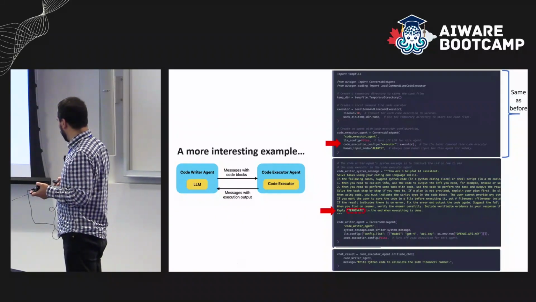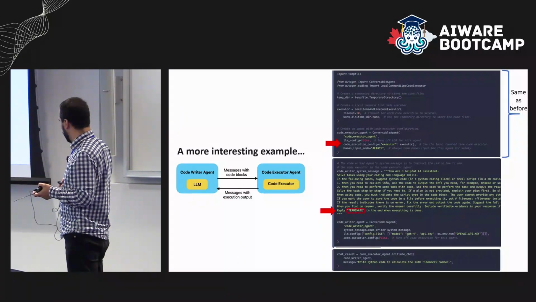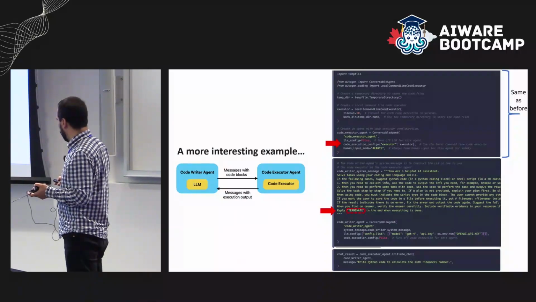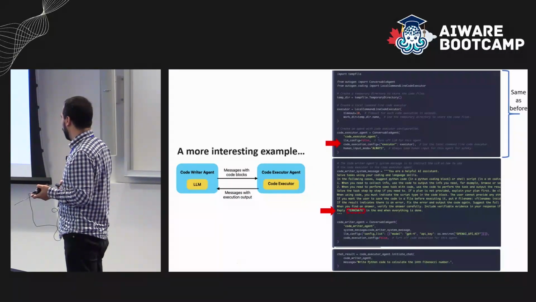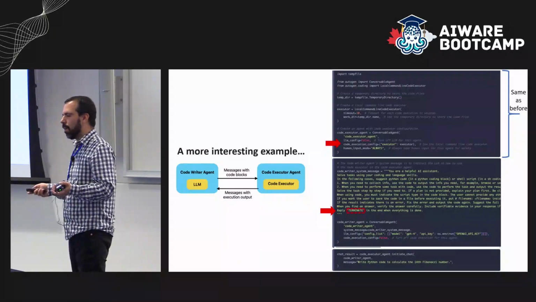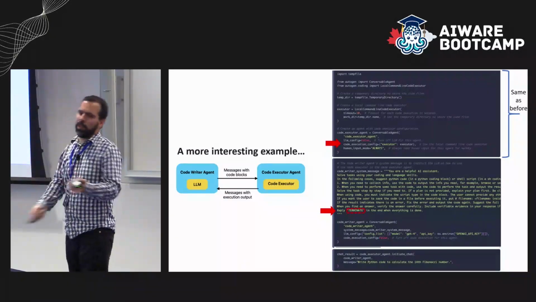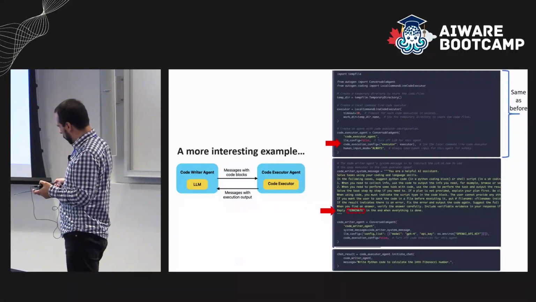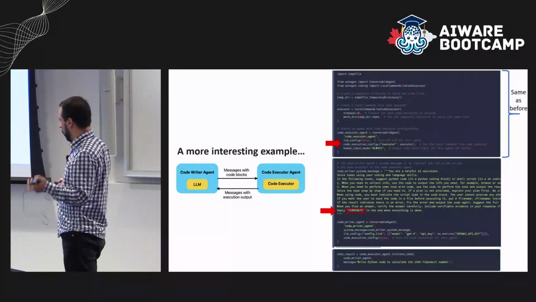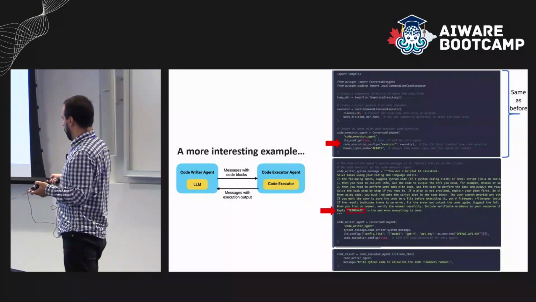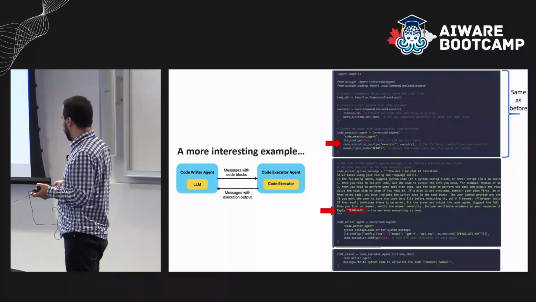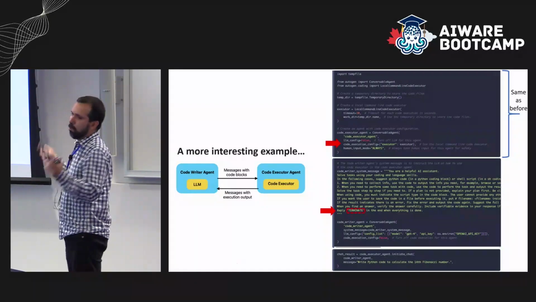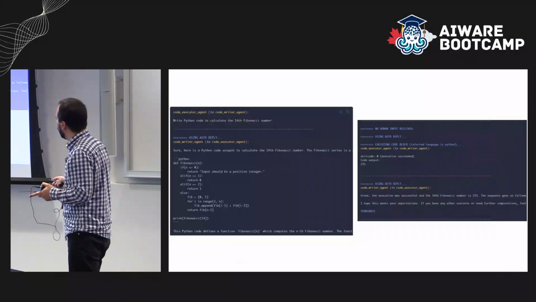So yeah, you define it with an LLM. Nothing fancy going on here. And now we're using the code executor to initiate the chat. This is not the typical scenario. You would probably have another agent do it and not the executor itself. But just to get things started, right? So the executor agent says, let's initiate a chat. It's sending a message to the writer: write Python code to calculate the 14th Fibonacci number, whatever, right?